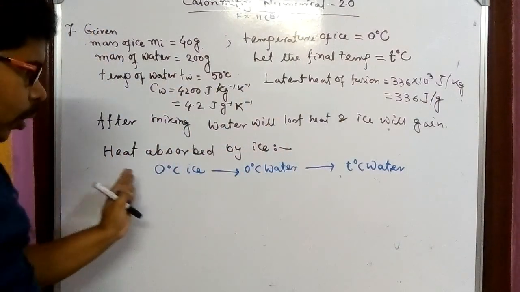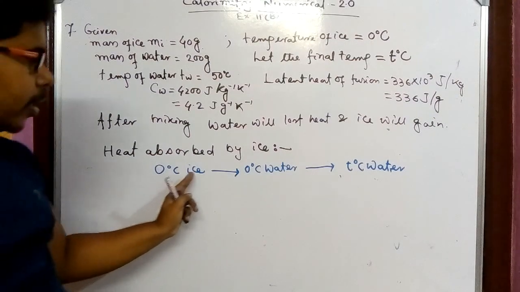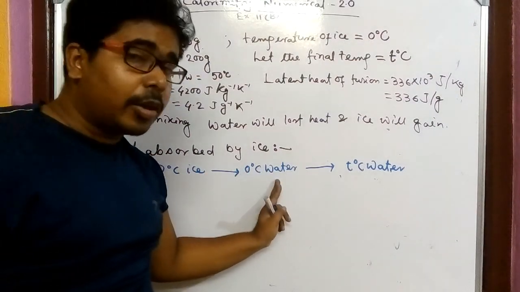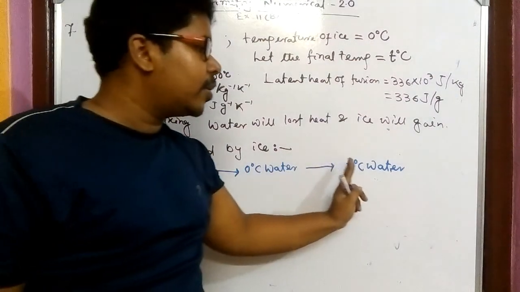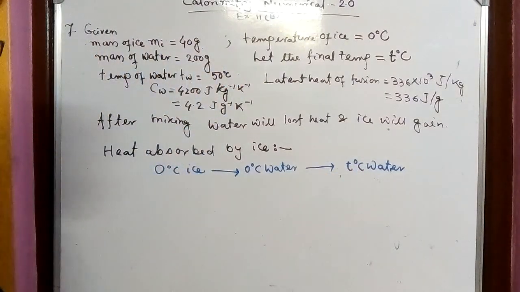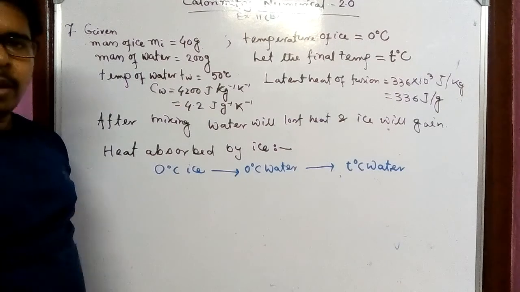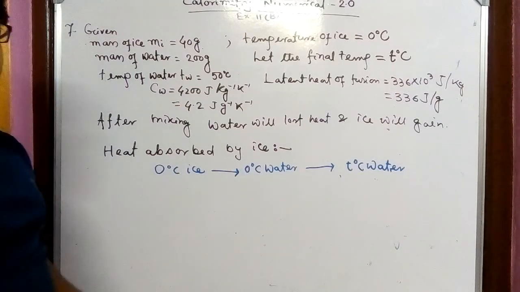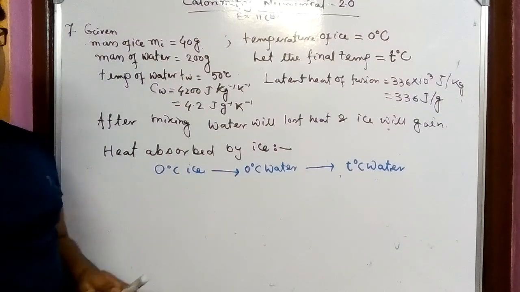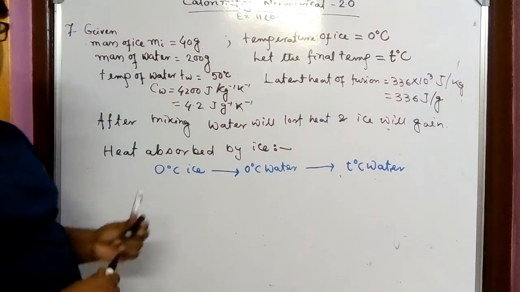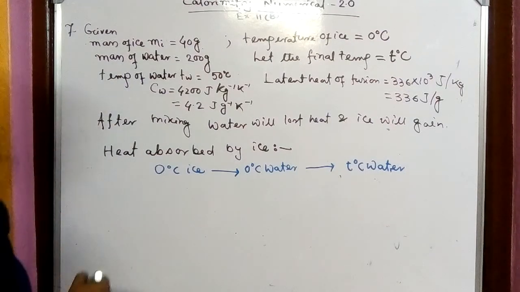Okay, so follow the steps. 0 degree centigrade ice to 0 degree centigrade water first, and then 0 degree centigrade water to T degree centigrade water. Those steps you have to mention in the form of a flowchart. State change you have to mention separately, otherwise you won't be able to understand where state changes occur.